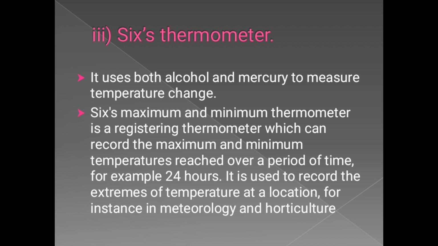The Six's maximum and minimum thermometer is a registering thermometer which can record the maximum and minimum temperature reached over a period of time, for example, 24 hours. It is used to record the extremes of temperature at a location, for instance, in meteorology and horticulture.